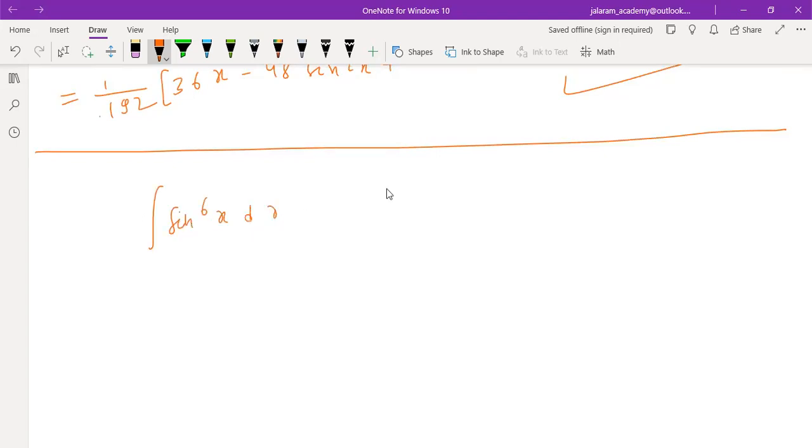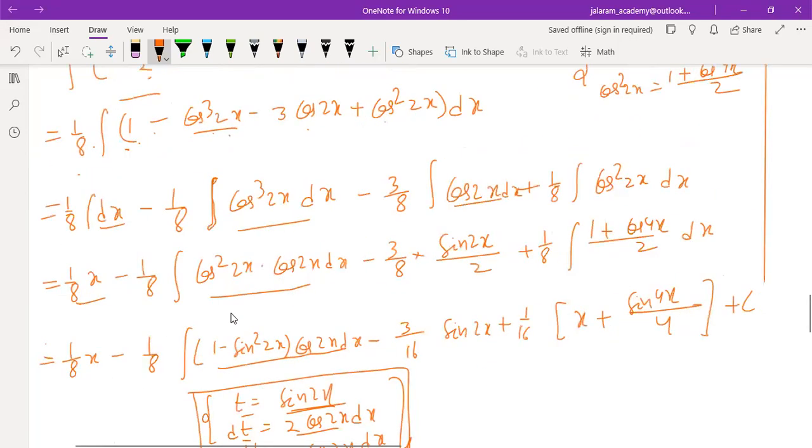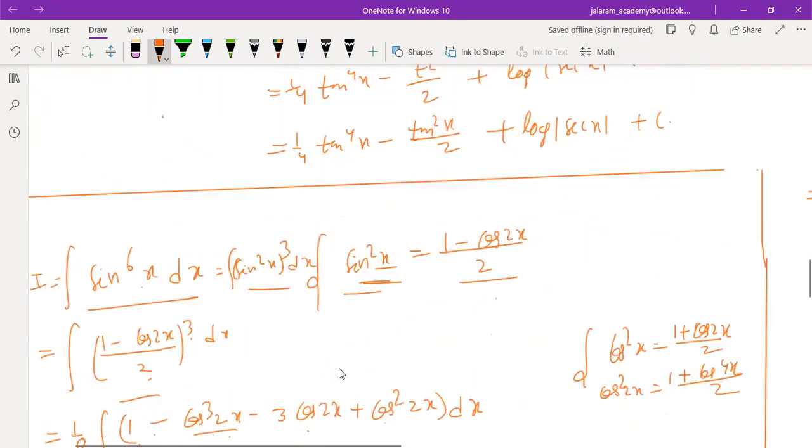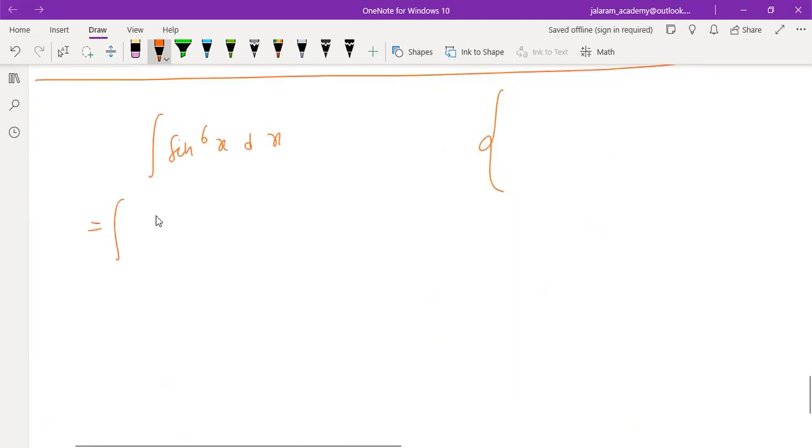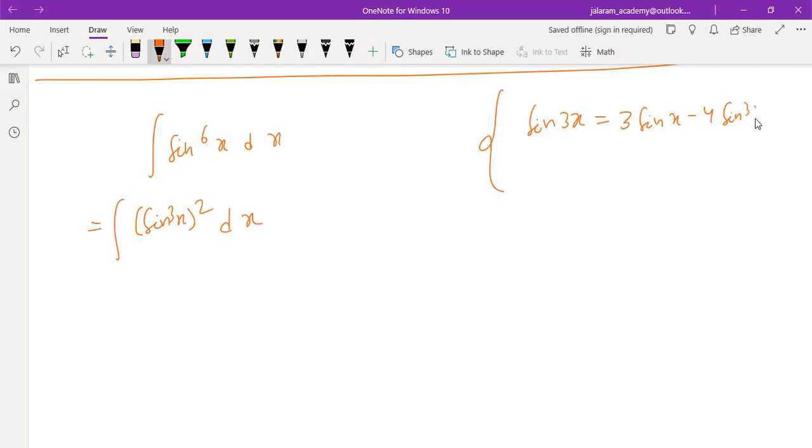power 6x dx. Now we know that in place of sine square x whole cube, if we write sine cube x whole square dx, then use the formula for sine 3x. You know that the formula of sine 3x is 3 sine x minus 4 sine cube x.